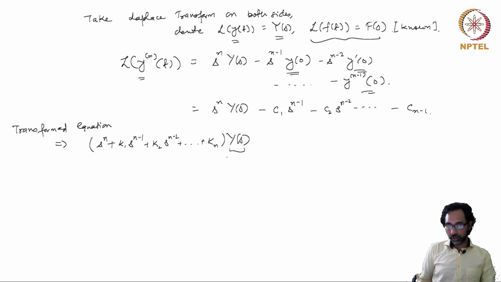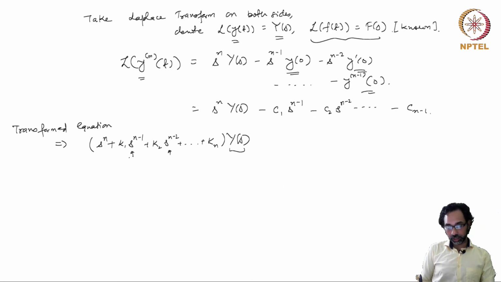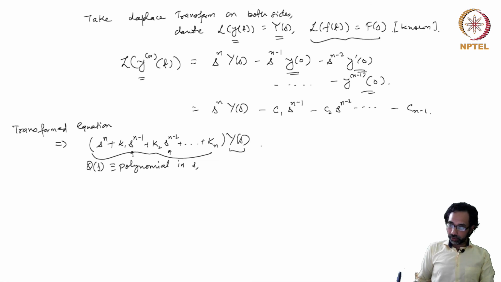Note that this Y(s) will have many different powers of s coming from the various derivatives of y by the derivative theorem for higher derivatives, but in general it will be some polynomial in s. So this is a polynomial in s, and we will denote it as Q(s).